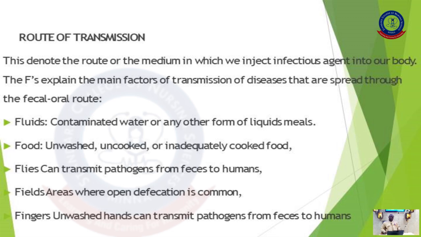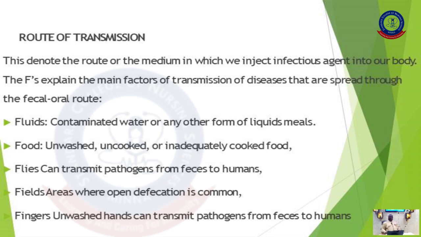Then we have food: unwashed, uncooked, or inadequately cooked foods can also be a medium. Then we have flies. They can transmit pathogens from feces to humans, or from carcasses, dead bodies of animals, or rubbish or waste to humans.